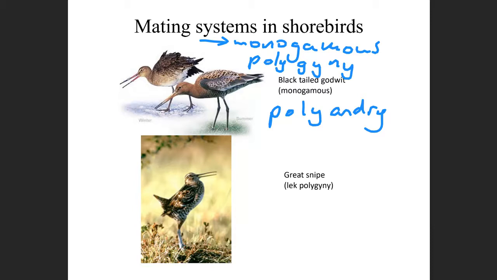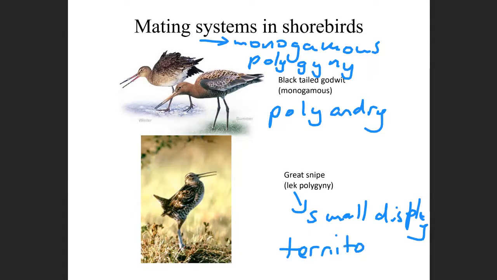You also have lek polygyny, which is where males establish territories solely for the purpose of attracting mates. So small display territories that females will visit, and they're not going to rear their young on those territories.